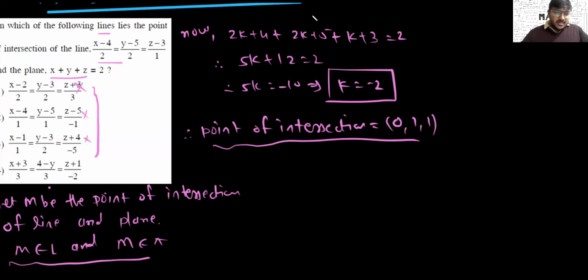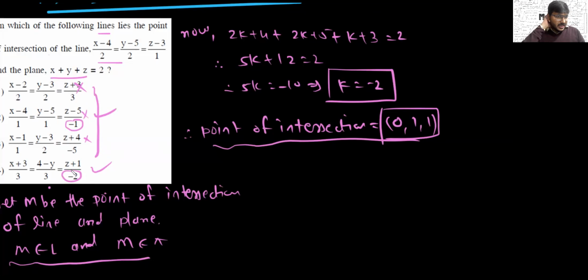So here there must be some mistake with the options, because if this is correct, then compulsorily any one of the options must satisfy the answer. If you just check, option B and option D have almost equal ratios for these two, but there is a difference in the third one. So either you can have a difference or a mistake of a minus sign here or the minus sign here.